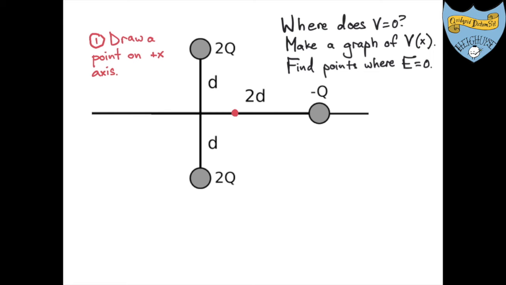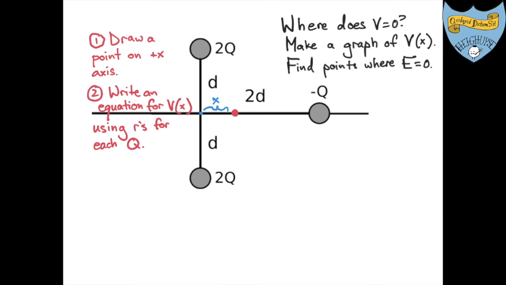Second, you're going to figure out the distance that each charge is away from that point and write down the total potential equation. Now, as usual, if there's any distance that I'm trying to solve for or make a graph for, I have to call the distance that this thing is from the origin something. So I'm going to call this distance, oh gosh, I don't know, x.